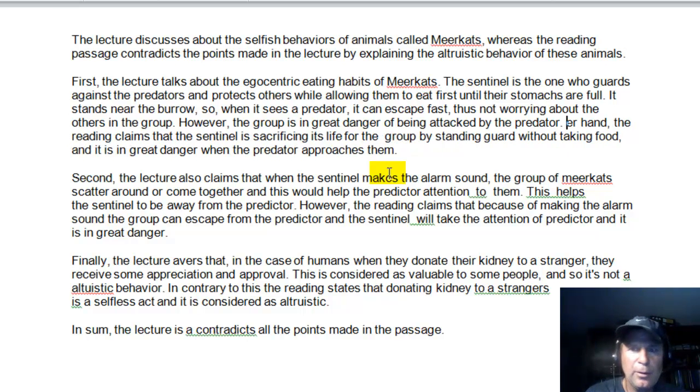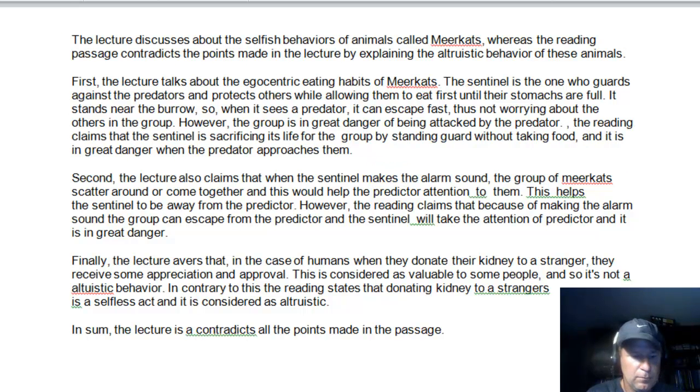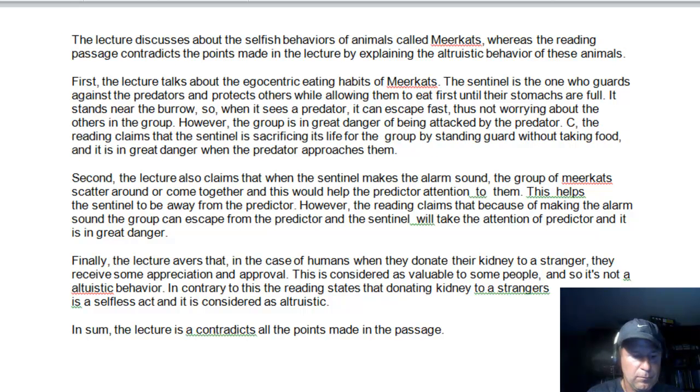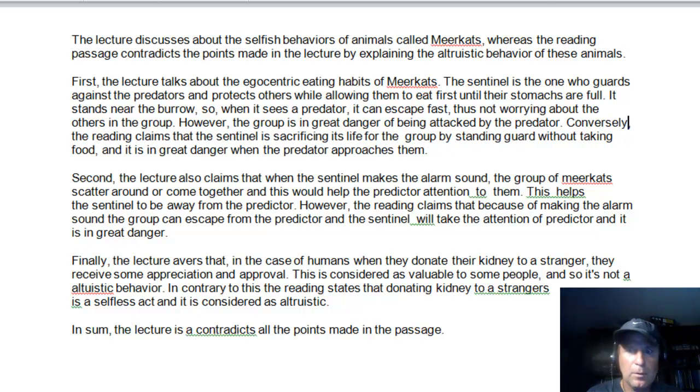On the other hand, it's a little bit wordy. How about, what if we said, conversely, the reading claims that the sentinel is sacrificing its life for the group by standing guard without taking food and is in great danger when the predator approaches them.